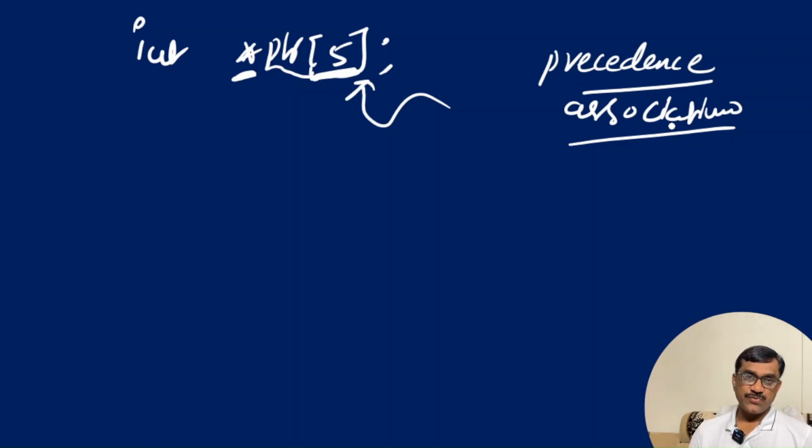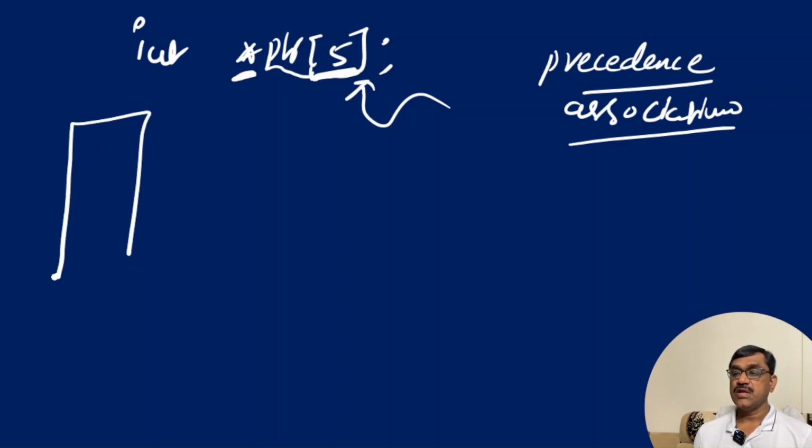Whenever we have square brackets and star, square brackets have higher precedence than star. Then we have to read it as ptr is an array of pointers, array of pointers of type integer.